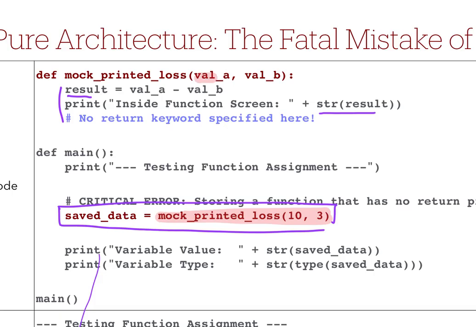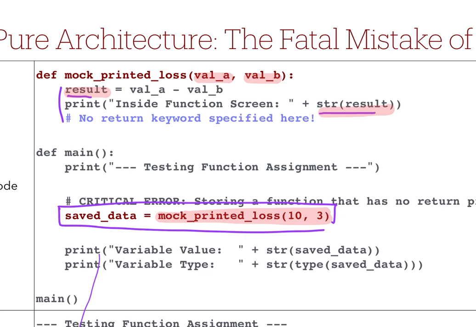So val A receives the value 10 and val B receives the value 3. Then their difference will be given to the variable result. Then the following line displays its value on the screen, but it does not return anything.